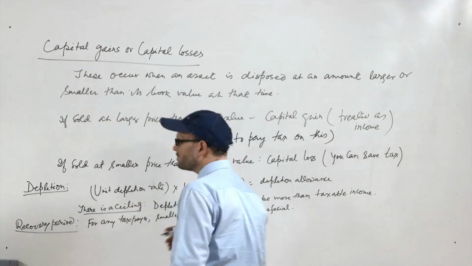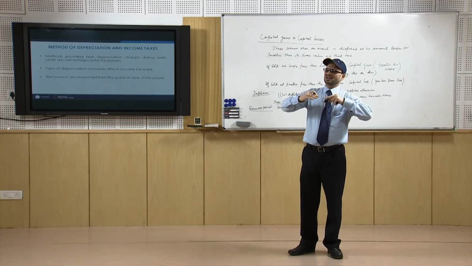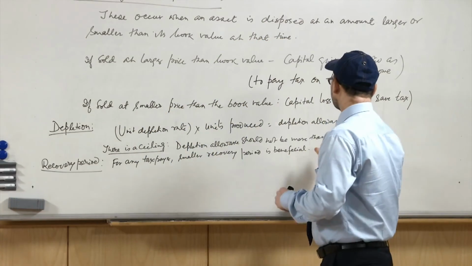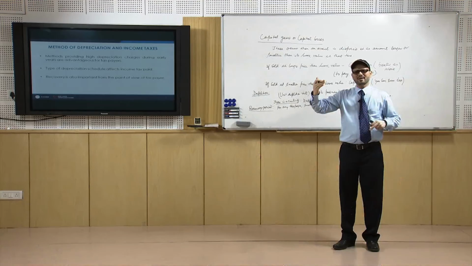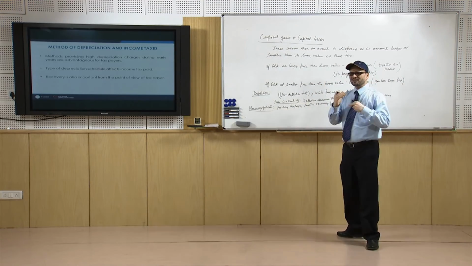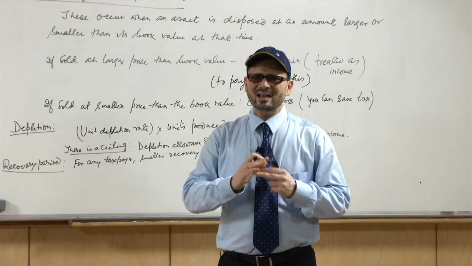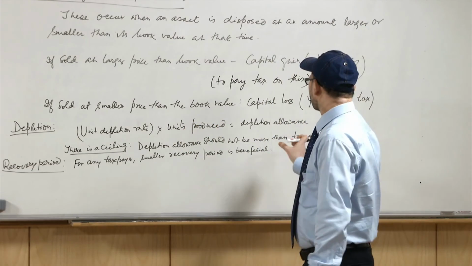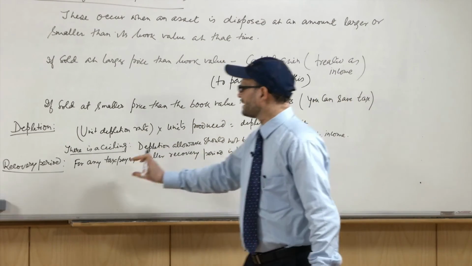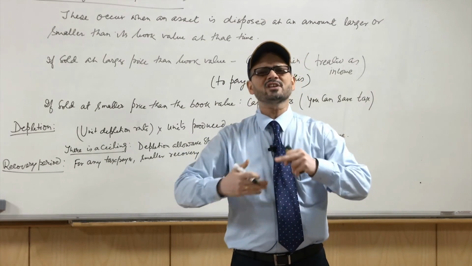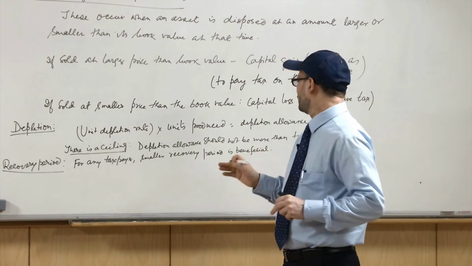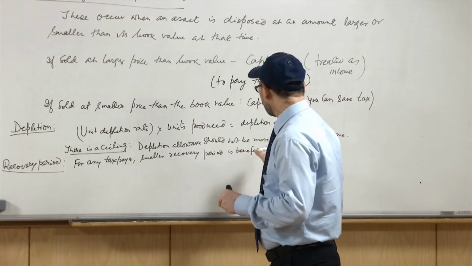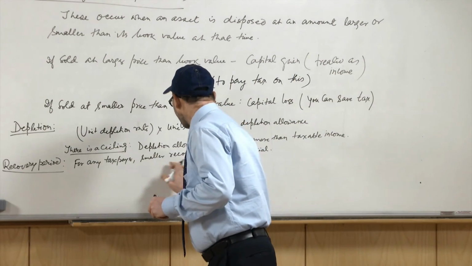than a larger recovery period, because as you go on increasing the recovery period, the amount which is recovered will be at a later time, and since you are getting the benefits of tax reduction at a later time, because of the time value of money, the reductions which you get at an early time are beneficial for the taxpayer. So, the taxpayer tries to keep the asset with a smaller recovery period.